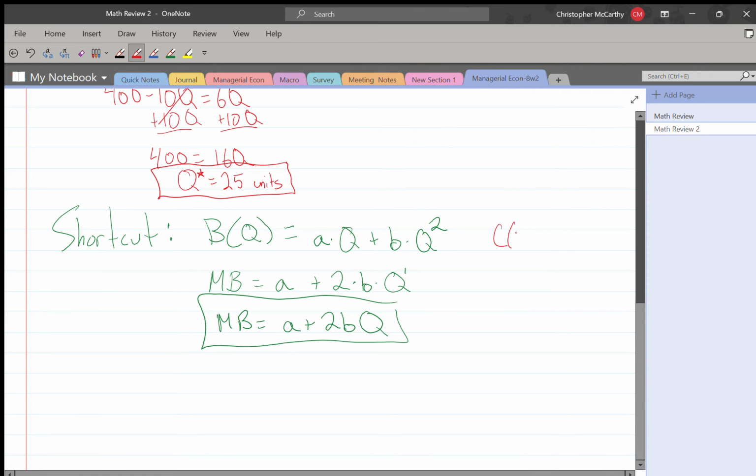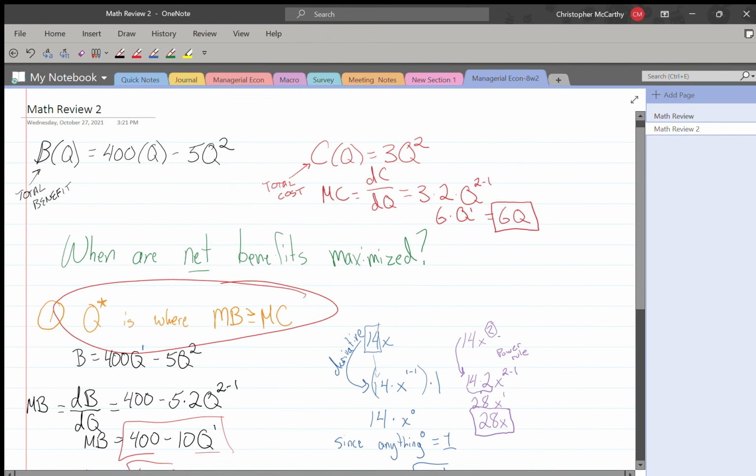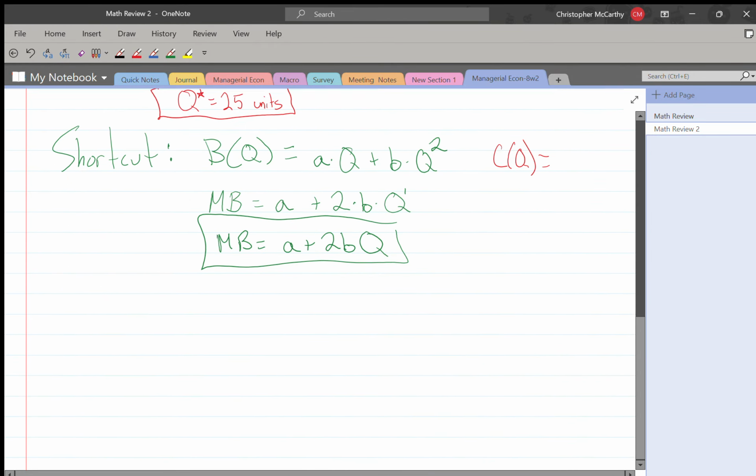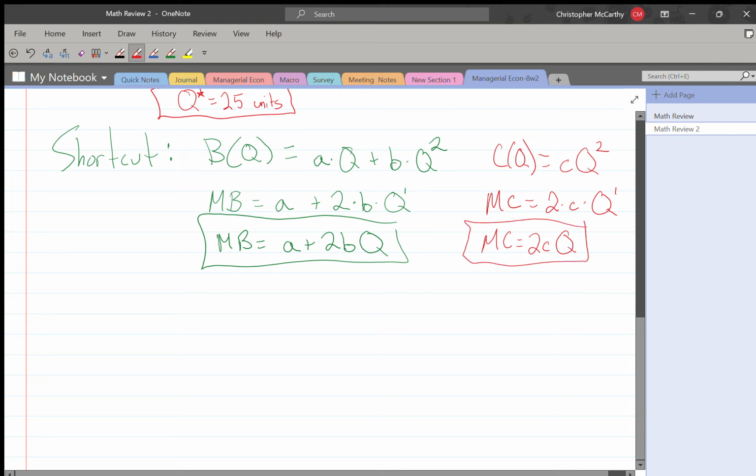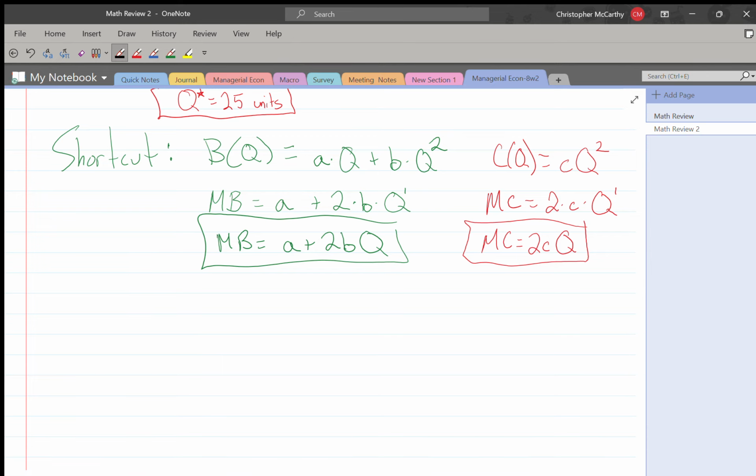Our cost functions, this one was just a quadratic term, 3q squared. So it's going to be something like cq squared. And then our marginal cost is always going to be 2 times c times q to the 1 power. So it's just going to be 2cq.